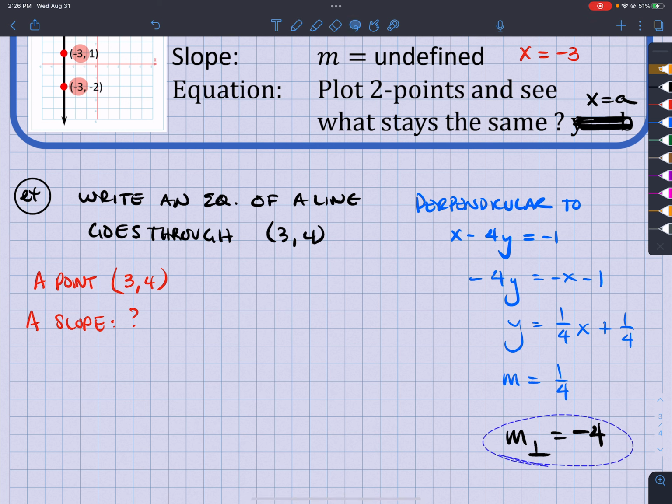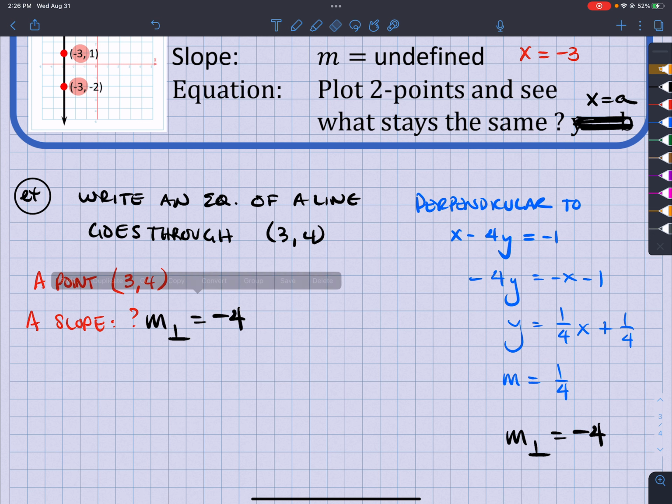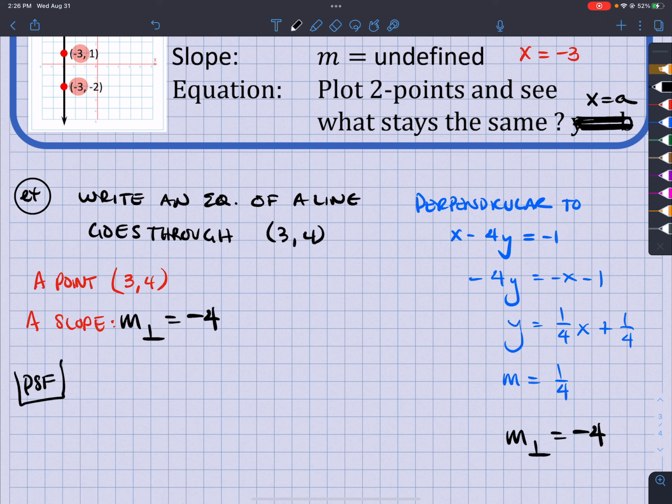From there, I can bring that with me and replace that question mark with an actual number. Now I can write the equation of my line. I can use the point slope form if I want to. In that case, I'll have y minus the y value, which is 4, is equal to m, -4, times x minus the 3.